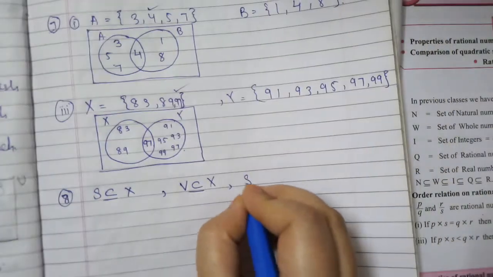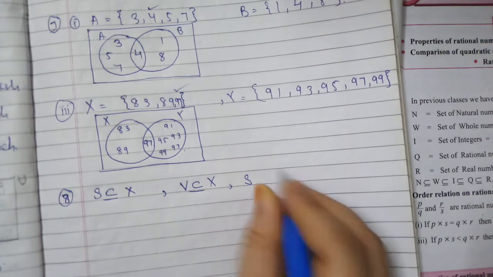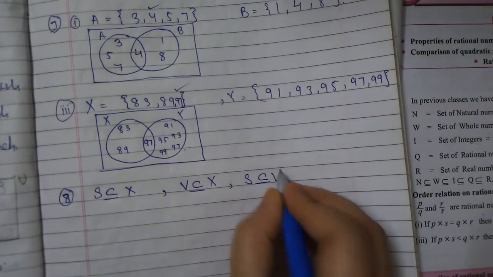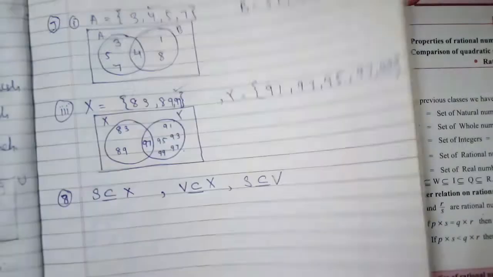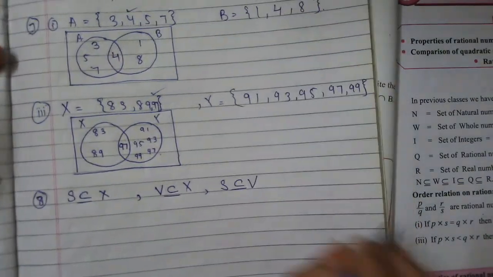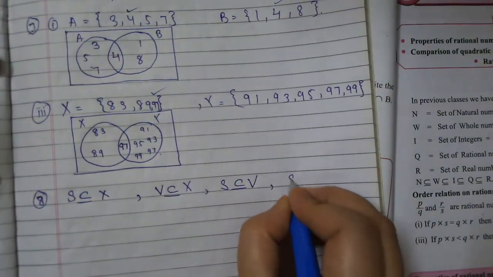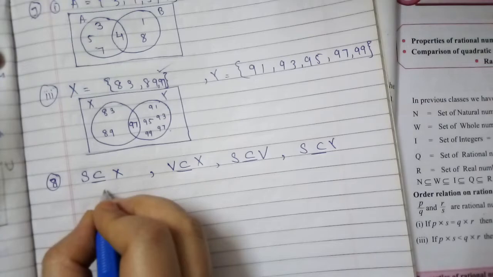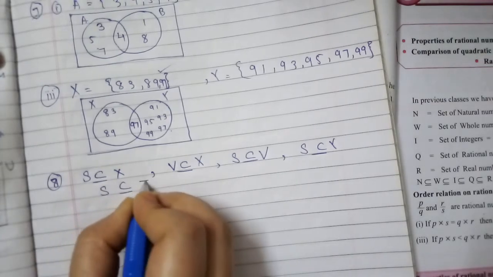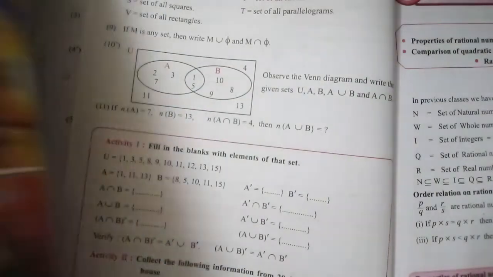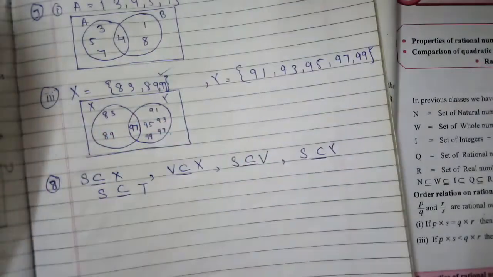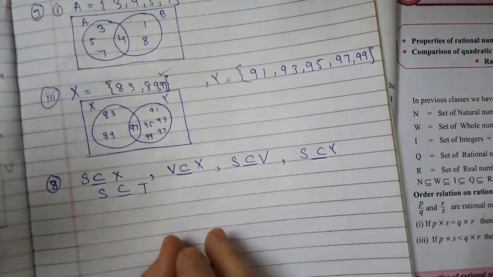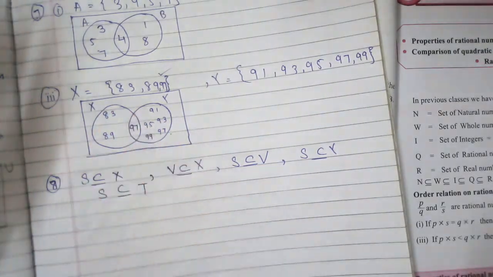Now next, S, that means square, will be a subset of V, where V is our rectangle. Next subset relationship: S is a subset of Y, Y is for rhombuses. And next S will be a subset of T, T is for parallelograms. So student, these are some of the relationships, you can write more.